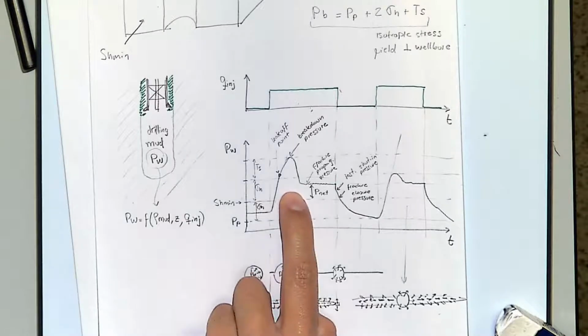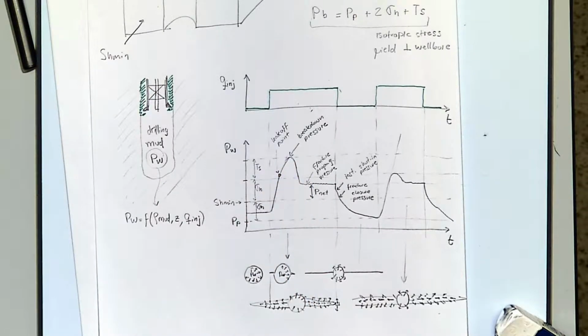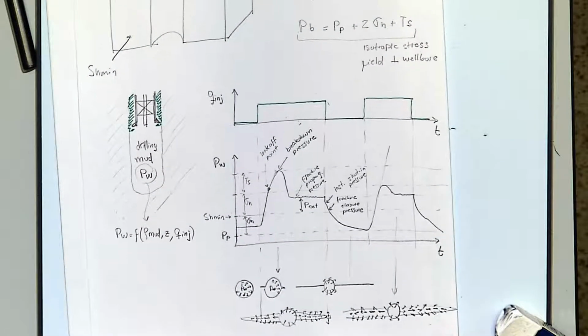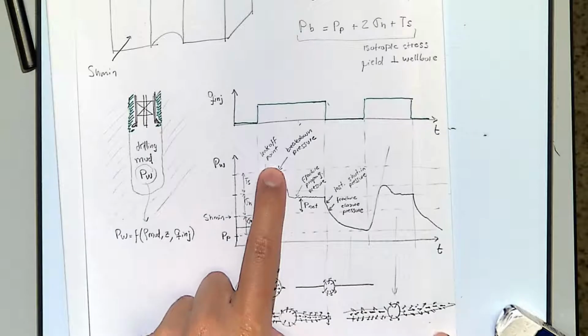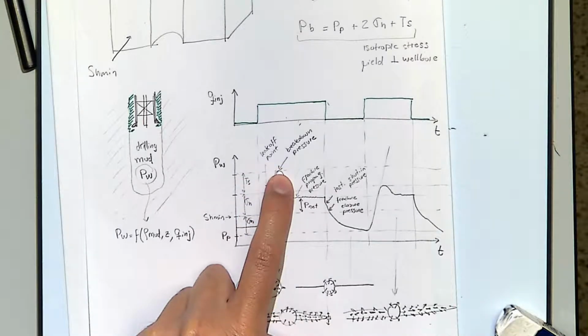You test what is this maximum value to which you can go, so you can extend the mud window, and that's it. You do not want a hydraulic fracture in this case. But it's very important to know what is that maximum pressure, because you get information about what will be the fracture gradient.